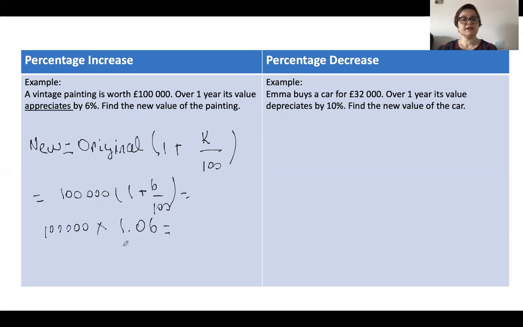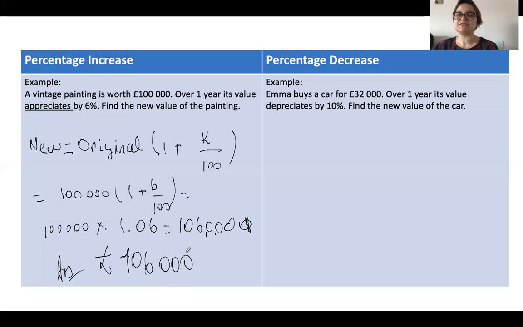And the whole answer is going to be 106,1234... we don't need the last digits, so it's going to be 106,000 in pounds. So the final answer is 106,000 pounds.